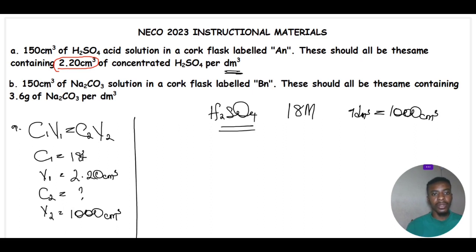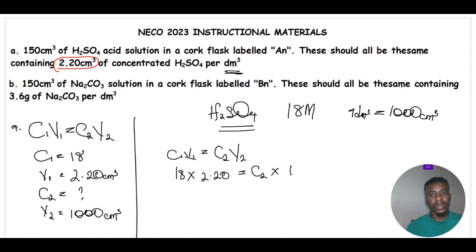So our V2 is 1000 cm³. When you substitute into the formula, C1V1 = C2V2, your C1 is 18 mole times your V1, which is 2.20 cm³, and your C2 is what we're looking for, times your V2, which is 1000 cm³.